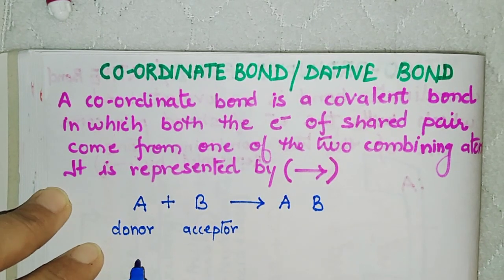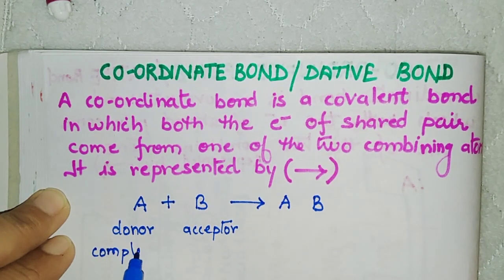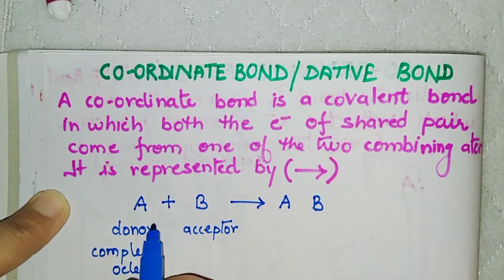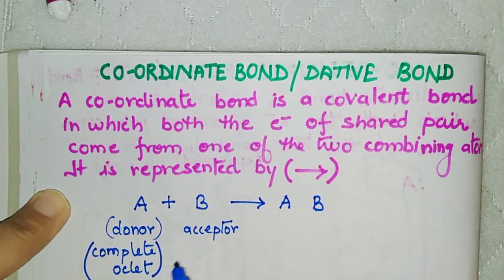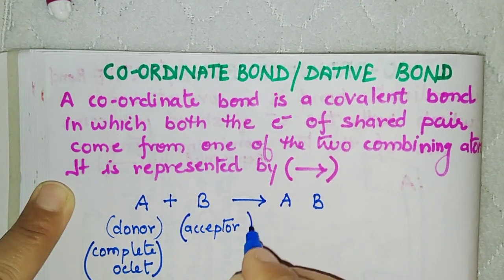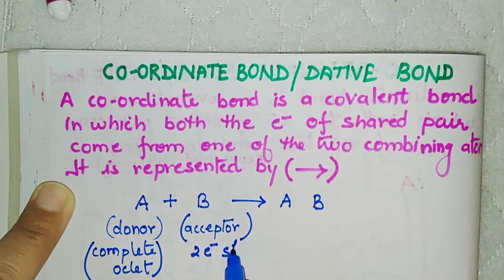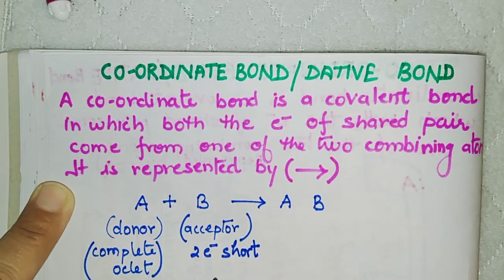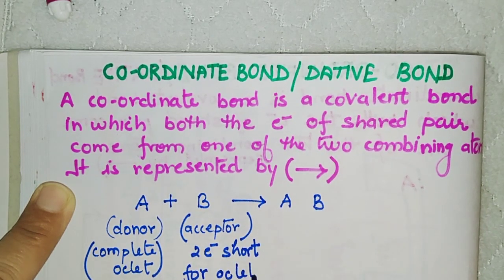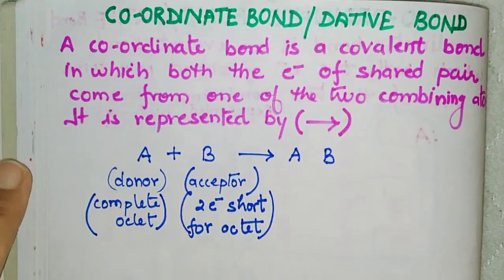The donor should have its complete octet. Its octet should be complete. And here, the acceptor should have 2 electrons short for an octet.